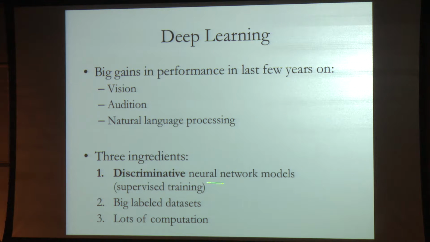So the three ingredients really are, first, this very big neural network model, which is going to take in an image as an input and spit out some sort of label, which we'll see in a moment. It's discriminative in the sense that we don't model the distribution of natural images in any way. There's no data density model of what it means to take a picture in the world. So we have a big model.